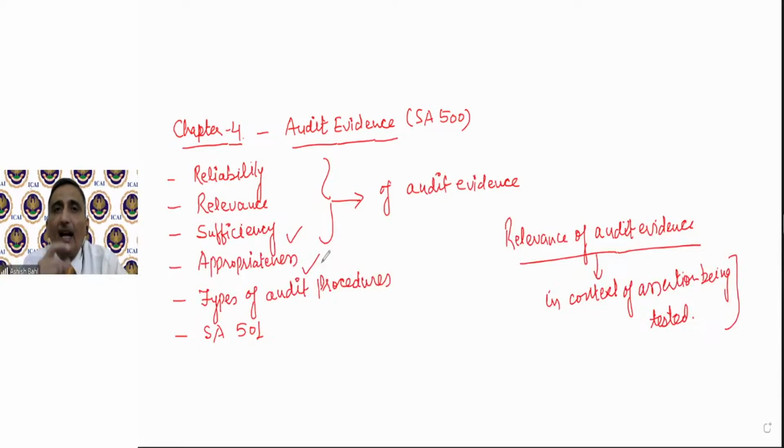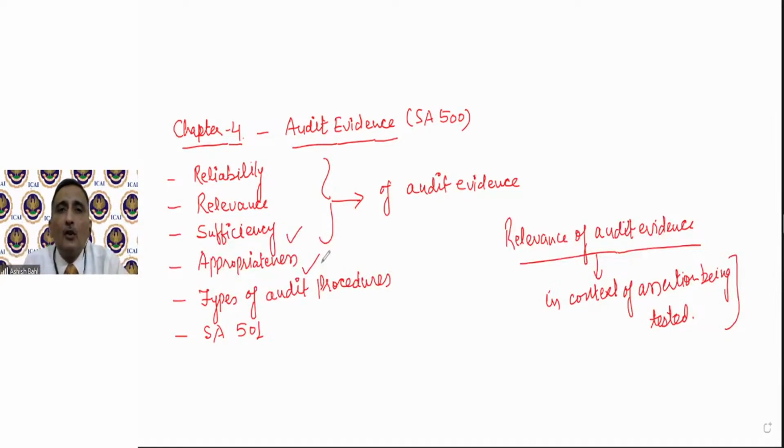So if the evidence is obtained from outside the company, then it becomes more qualitative. It is not to say that internal audit evidence is not qualitative. No, it is not so. The question is only of degree.